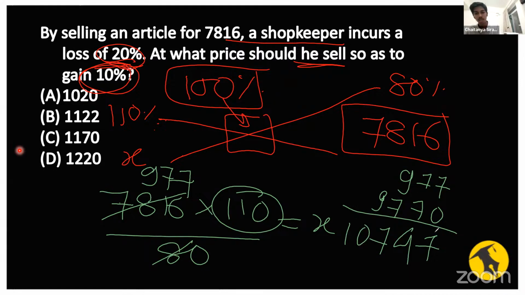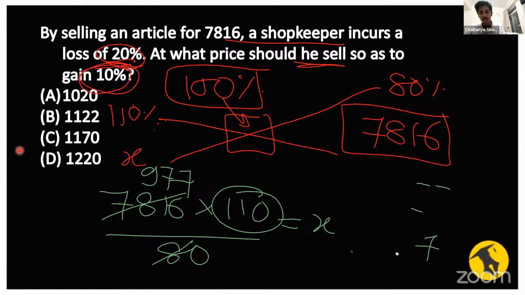So this value will be 10,747. I'll write it a little neatly so that you can note it down. So if I solve this value, I'll get 10747.